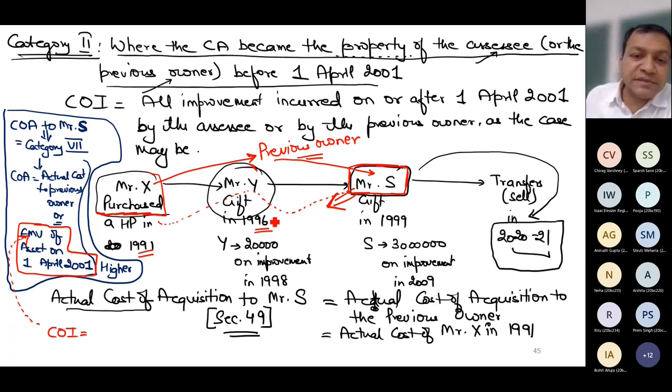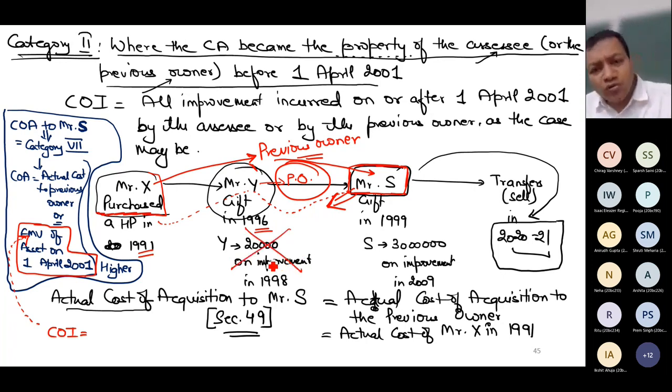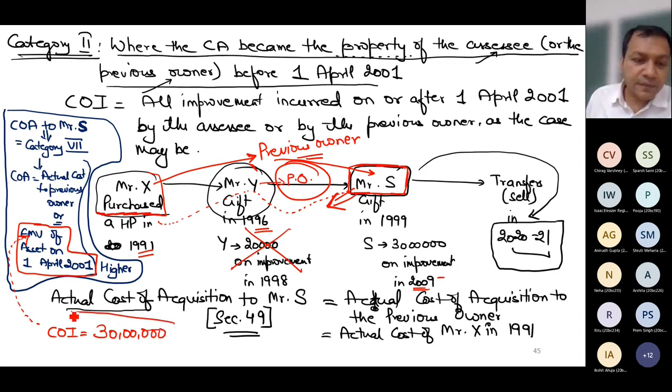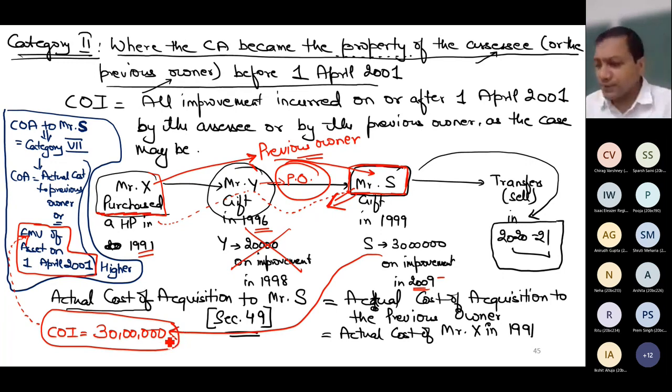So in 1996, Mr. Y, who is also the previous owner, incurred improvement, but since it was incurred before 1st April 2001, I will ignore this. Had it been incurred on or after 1st April 2001, I would have counted it. Assessee incurred an improvement in 2009, so I will count it. So cost of improvement in this case will be 30 lakhs. Improvement incurred on or after 1st April 2001 will be counted.